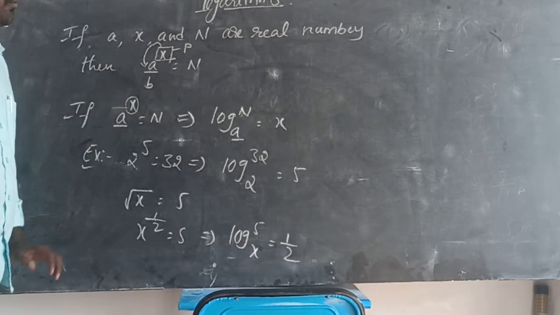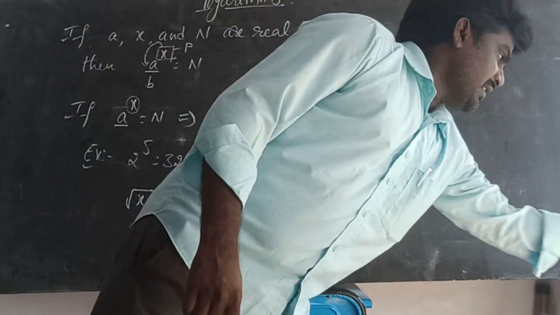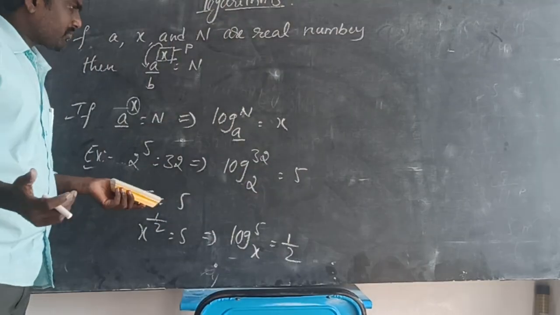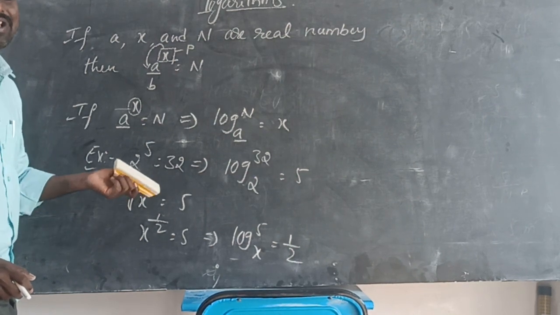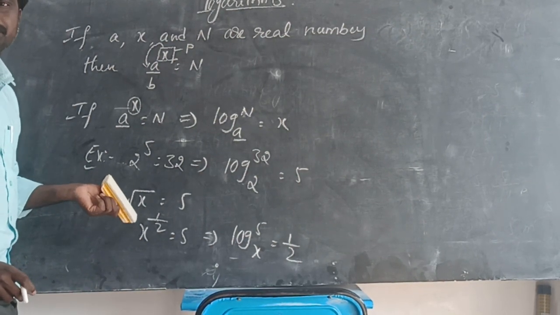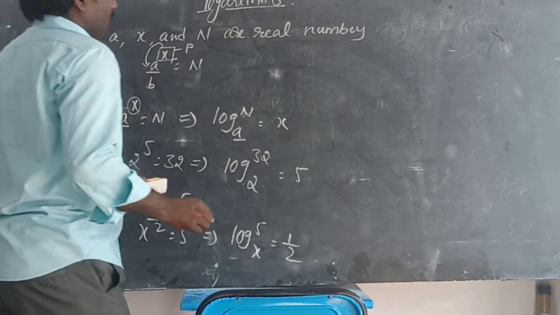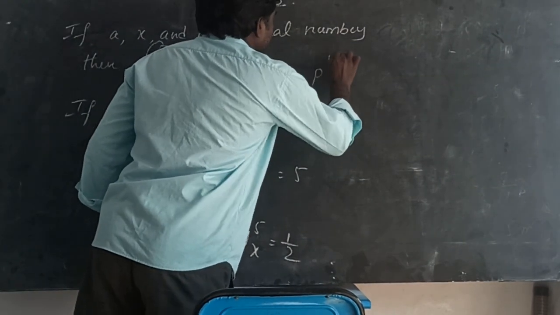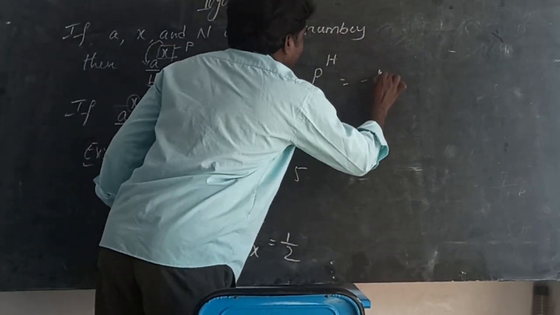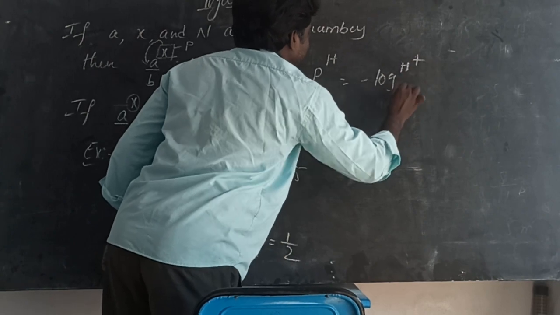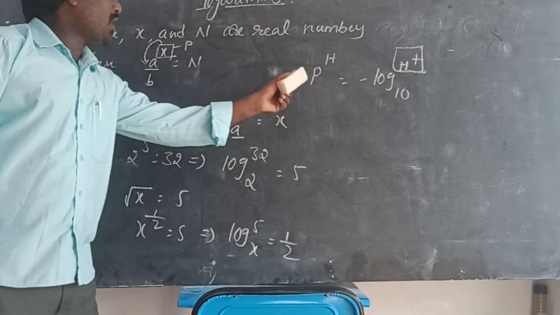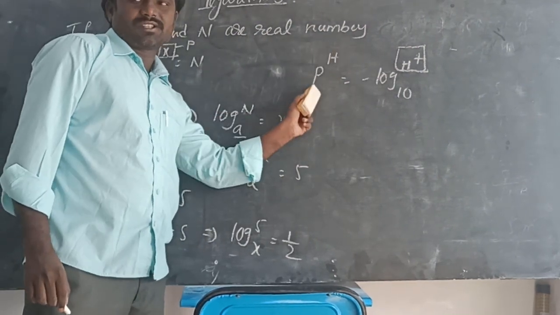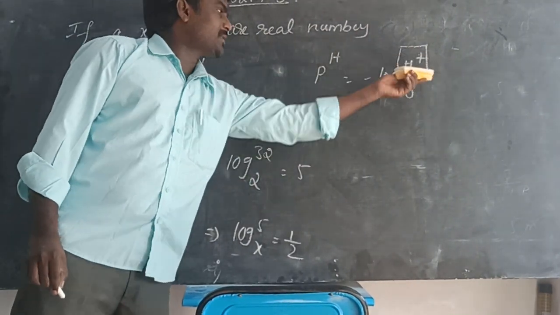This logarithm form is used to measure population, and also we can use it for pH value in chemistry. In chemistry, pH is equal to minus log H plus base 10. H plus means what? Ions. Power of hydrogen, pH is equal to minus log H plus base 10.